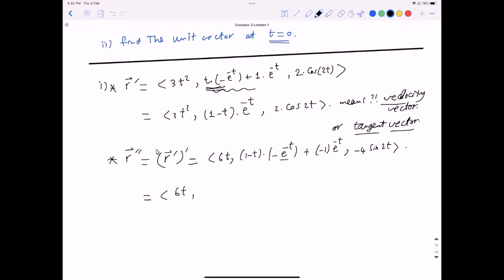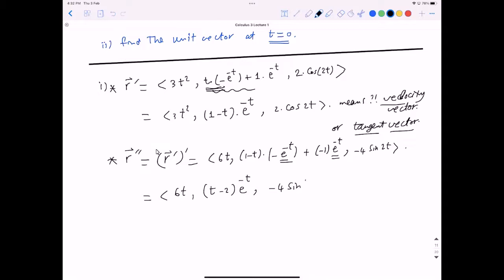Take again e to the minus t as a common factor. So we get t this time, minus 1, minus 1 will get minus 2. So it moved the other way again. Here, negative 4 sine 2t.